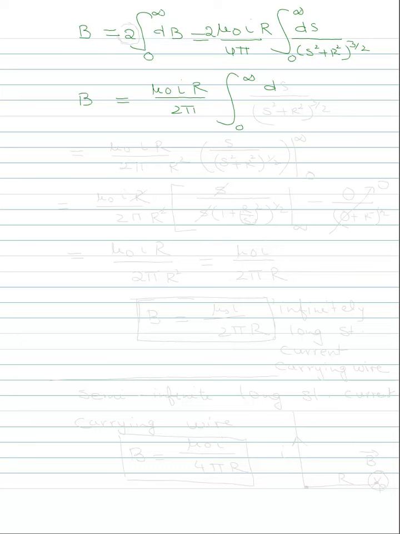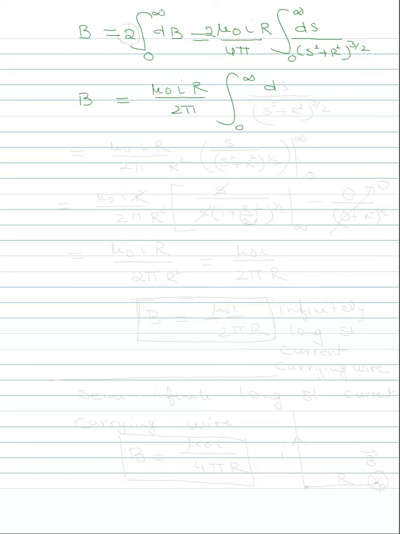I should have taken into account the fact that there was something in the denominator, and actually the thing in the denominator here is going to be 1 over r square. So I forgot the fact that when you do this integral, you will find that there is also a 1 over r square here, and that 1 over r square will actually cancel one of the r's here.